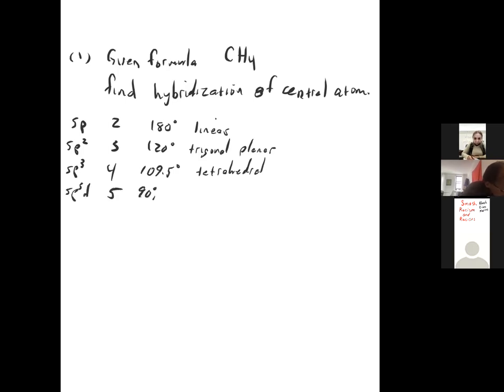Remember, this one was 90 and 120, and this is your trigonal bipyramid. And then sp3d2, 6 identical, 90 degrees, octahedral.